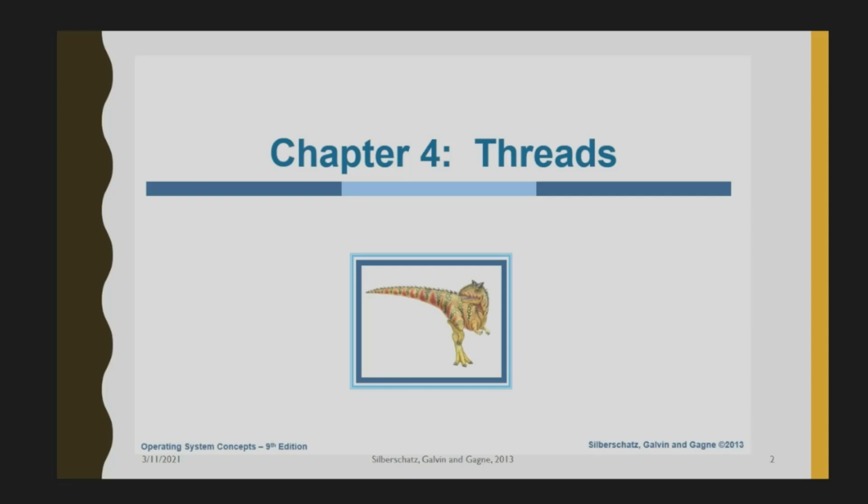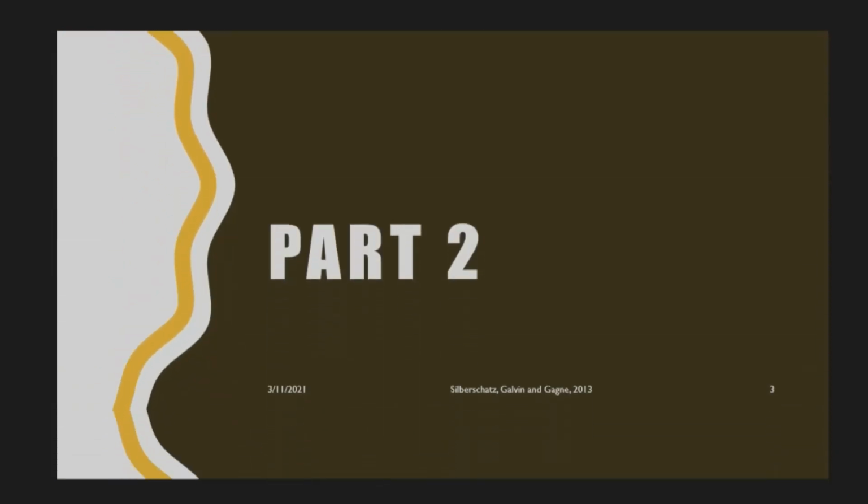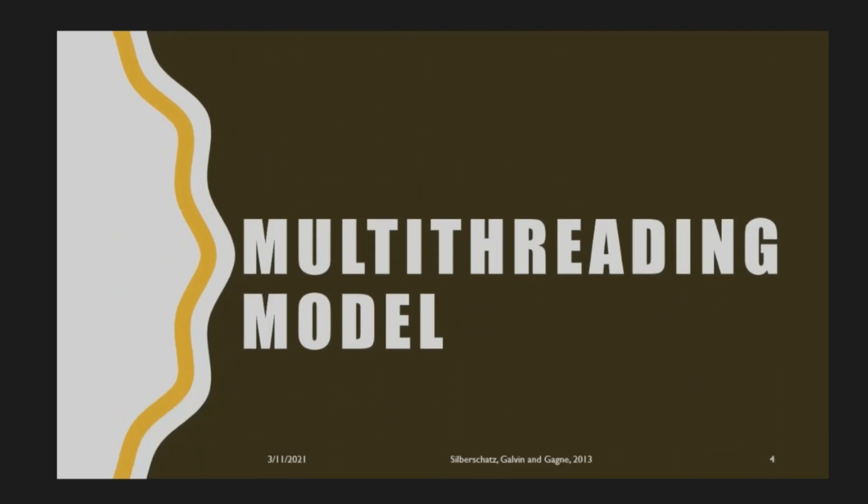In the second part of chapter 4, we'll focus on the multi-threading models. So what are the models being used in order to do multi-threading? Multi-threading means we have one process, and in one process we have multiple threads.